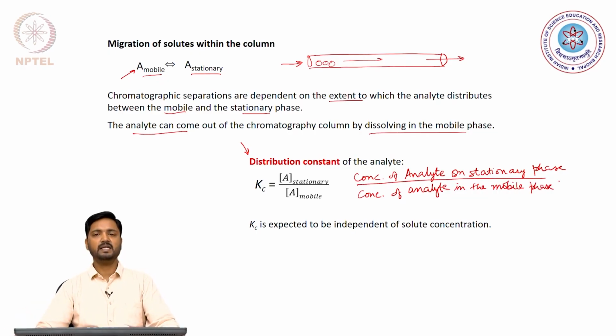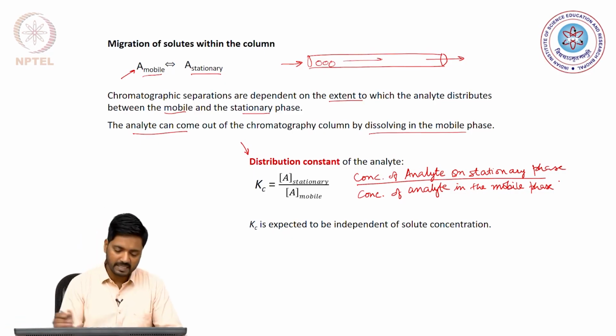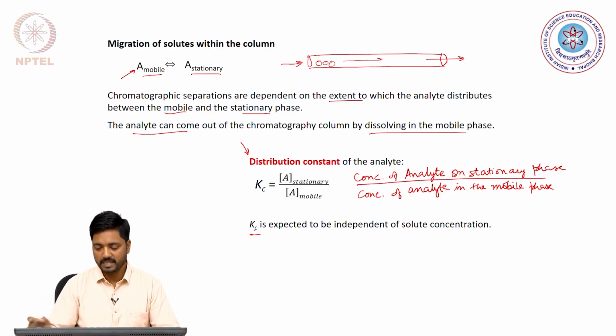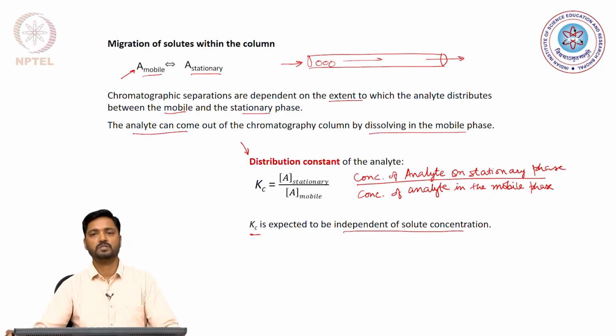So, this essentially tells us how the analyte gets distributed between the two phases present in a chromatography column. And what is also expected is that this Kc value, the distribution constant, is independent of the solute concentration. Essentially, irrespective of how much solute is present within the column, the distribution constant remains invariable and does not change with the solute concentration.